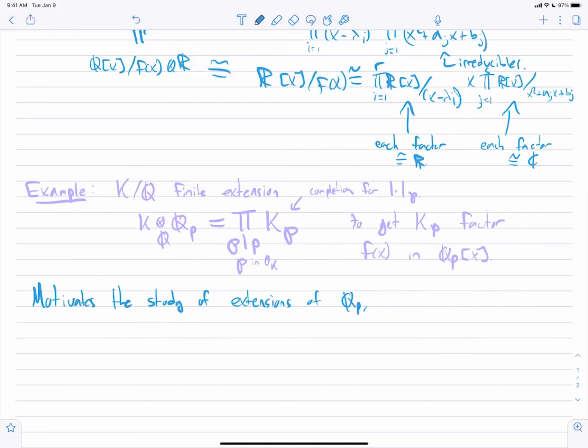Or more generally, of non-Archimedean fields. Here, non-Archimedean fields means complete with respect to a non-Archimedean absolute value.